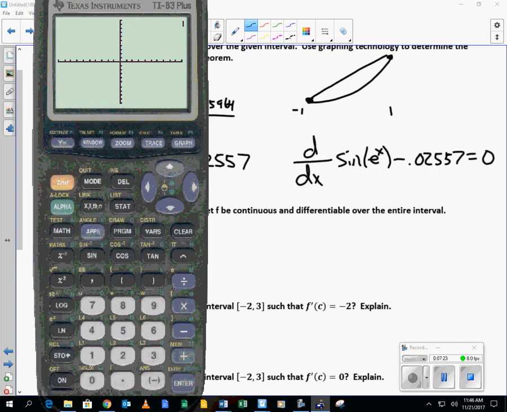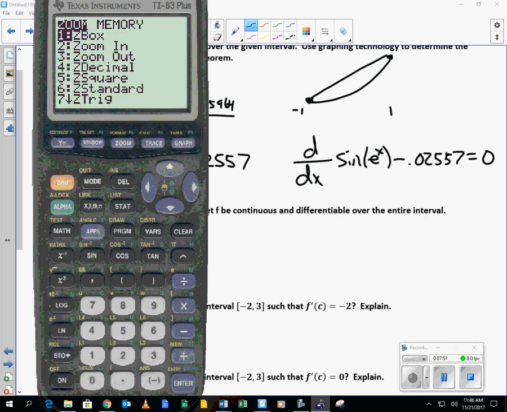And the TI-83s don't have nearly as much RAM as the TI-84s. You can see the function that we start to get here. And what's our interval that we're looking at? -1 to 1. Does it look like the graph crosses the x-axis between -1 and 1?